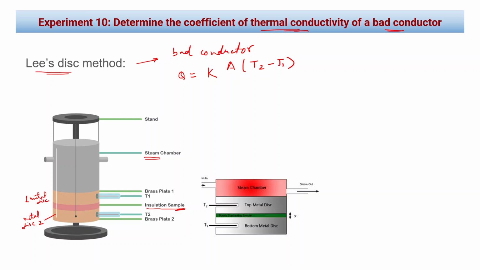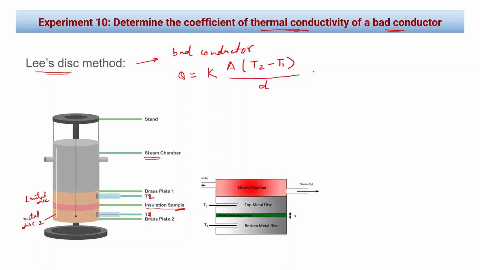This T2, T1 depends on which you are taking higher. If we are taking this higher temperature to be T2, as it was given in the experiment, then we can subtract the higher and lower, and in the numerator we will get the thickness.